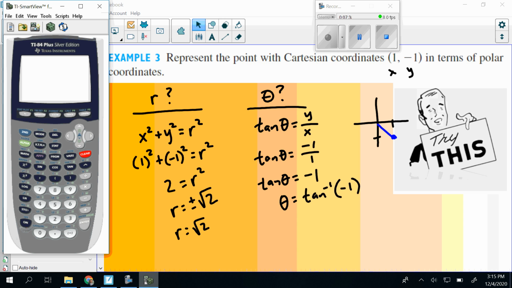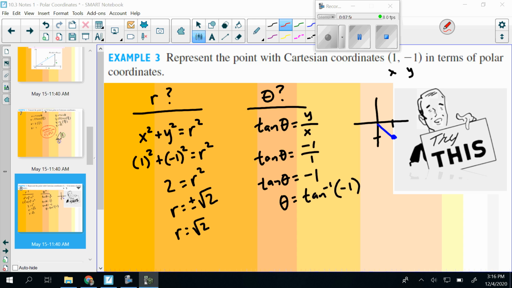So on the calculator, let's see what mode we're in here. I'm in degrees. So if we do inverse tangent of -1, we get that it's -45 degrees. So that's telling us we're traveling -45 degrees that way. That would be our angle there.